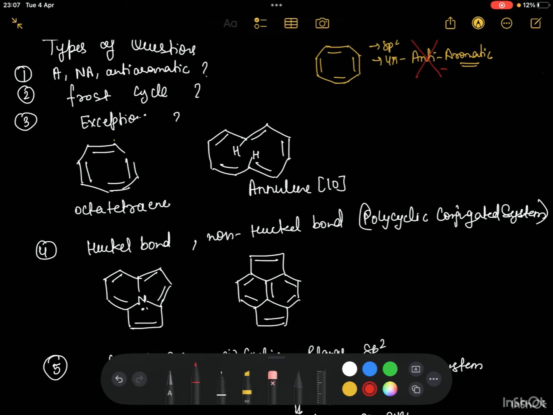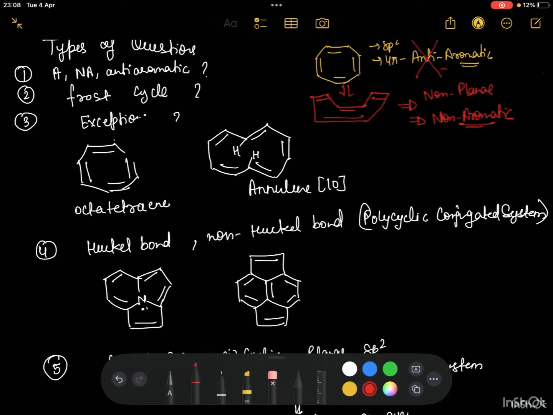Why? This structure exists in a tub-like structure. Due to this tub-like structure, it goes non-planar, and due to non-planarity this compound is non-aromatic.